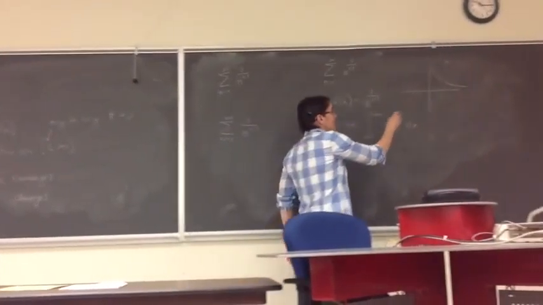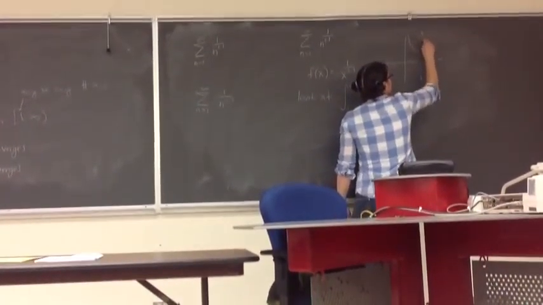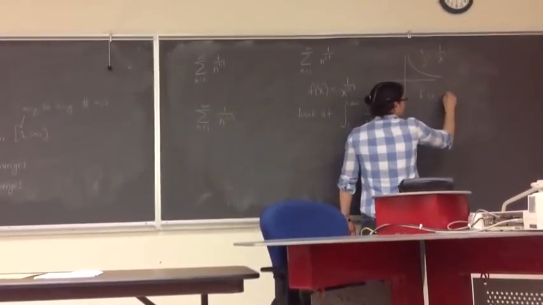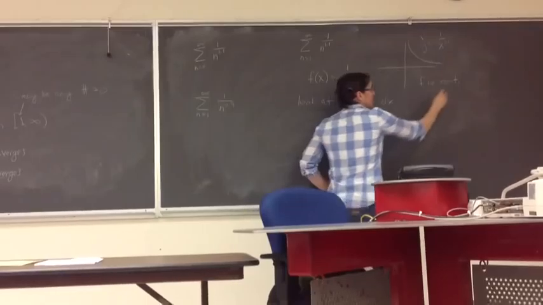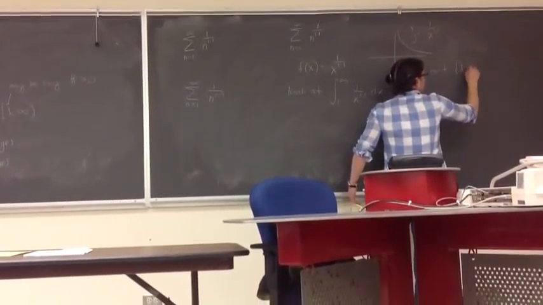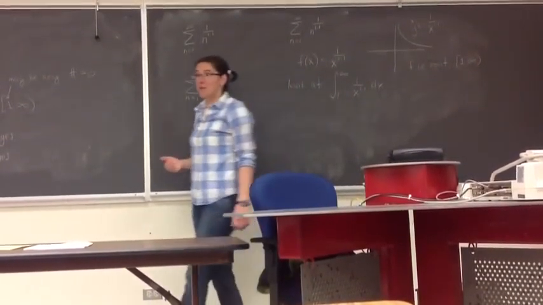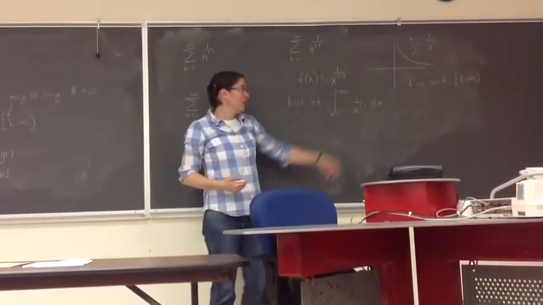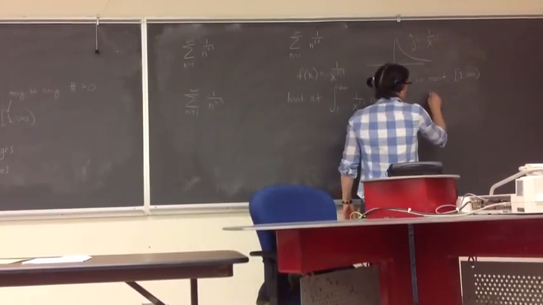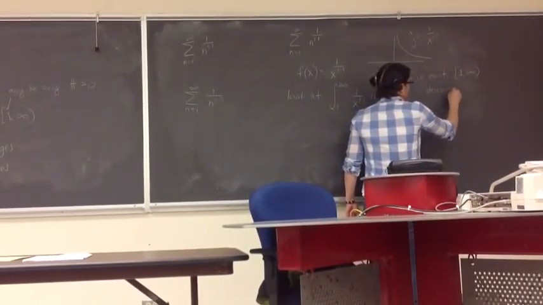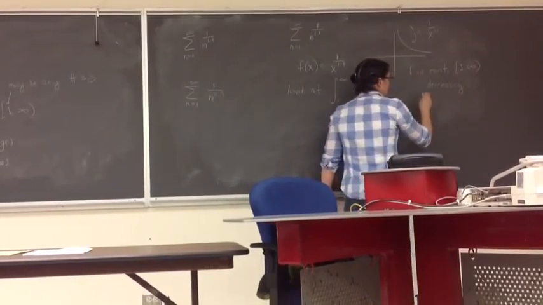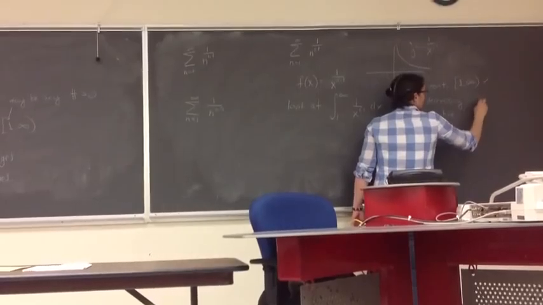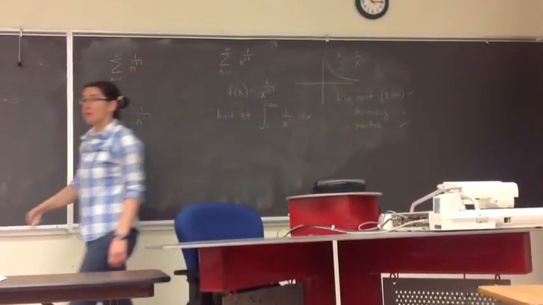This is y equals 1 over x raised to the 1.1. F is certainly continuous on the interval from 1 to infinity. In fact, the only place where we actually have a problem is when x is equal to 0, but that's not part of our interval. So f is continuous. F is certainly decreasing. I can see that from the picture. And f is also positive.